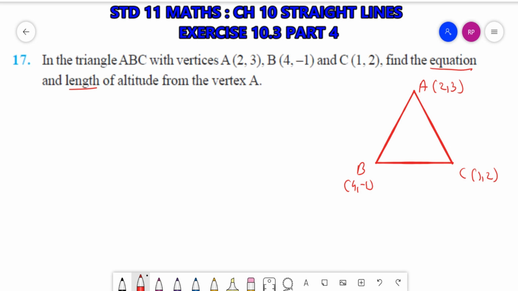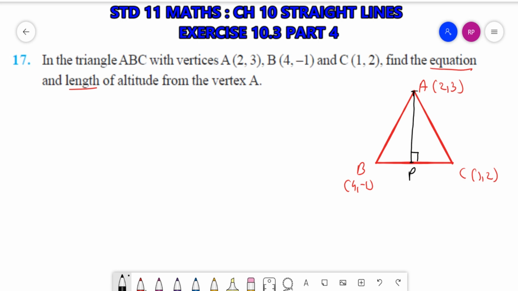Now the altitude from vertex A, so this will be the altitude. Let's take this as point P. We don't have this point P, but now first let's see what is the slope of BC. See, we need to find out the equation, so we need to find out the equation of AP.